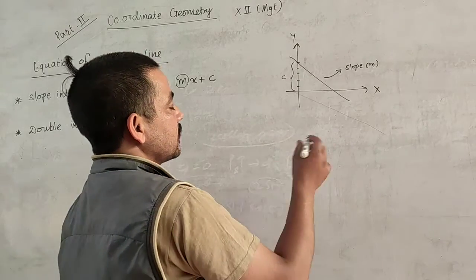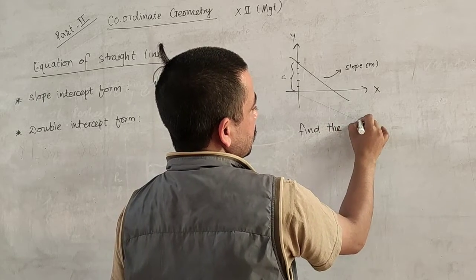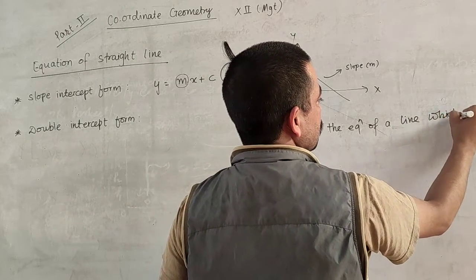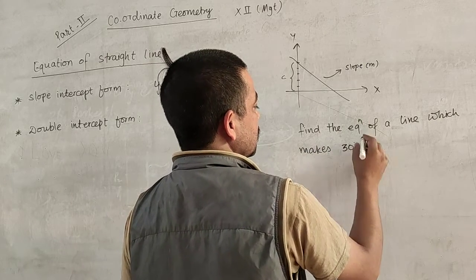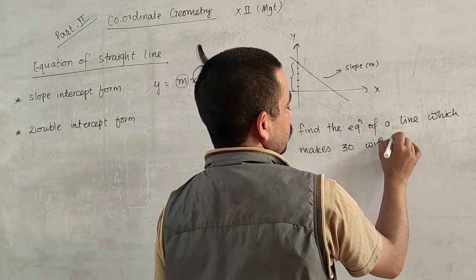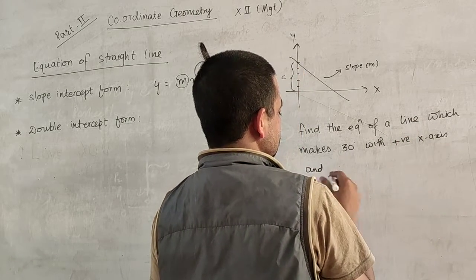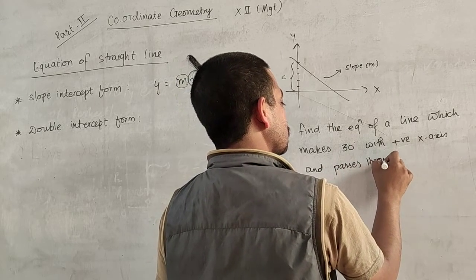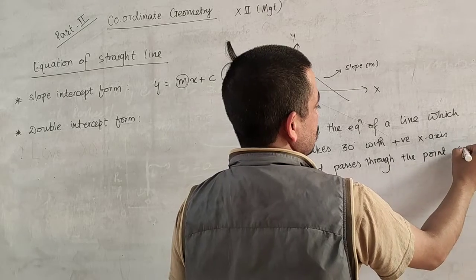For example, find the equation of a line which makes 30-degree angle with positive x-axis and passes through the point 0, 5.